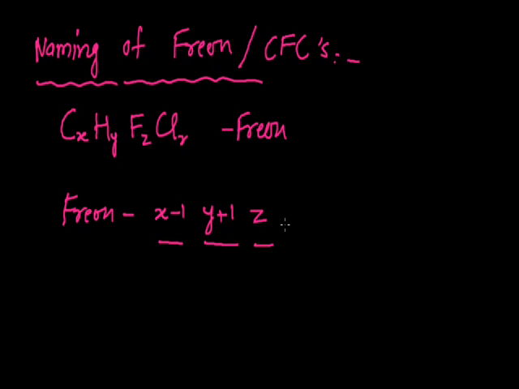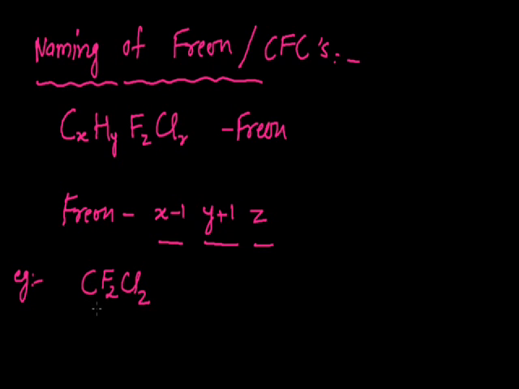There is no requirement to show the number of chlorine in its name, because it is understood that carbon has 4 valencies. If we know the number of hydrogen and fluorine atoms, we can easily write the number of chlorine atoms.